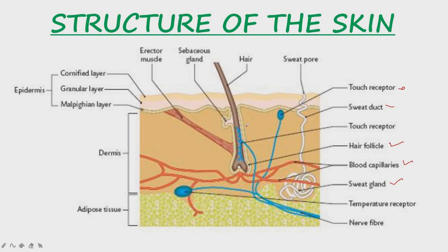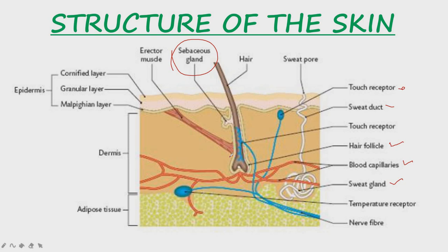Now we have another one, which is the sebaceous gland. The sebaceous gland is one of the parts of the dermis that originates from the epidermis. The function of this gland is to secrete sebum. Sebum is an oily substance that is found in the hair follicle.